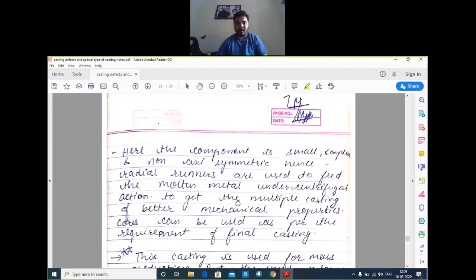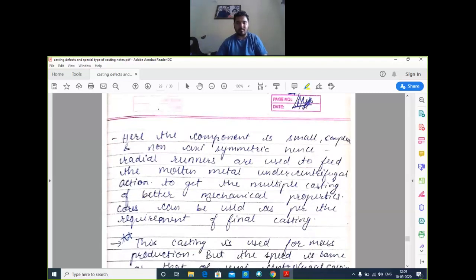Here, the component is small and complex, non-axisymmetric. In centrifuging centrifugal casting, we can make products of a non-axisymmetric type also. Hence, the radial runners are used to feed the molten metal under centrifugal action to get multiple castings of better mechanical property.